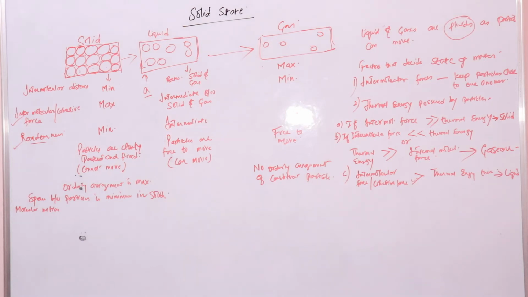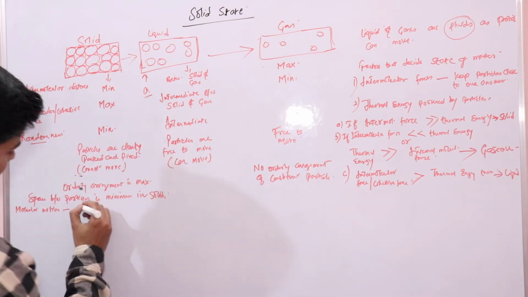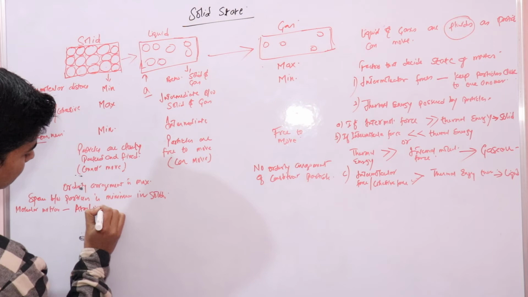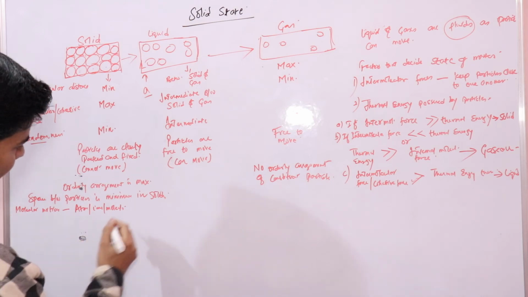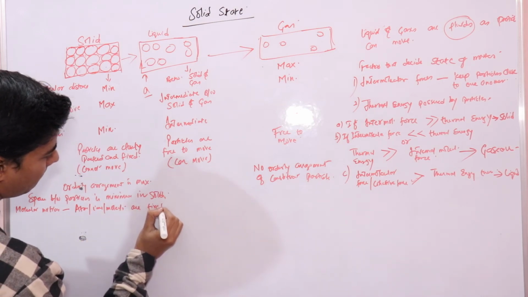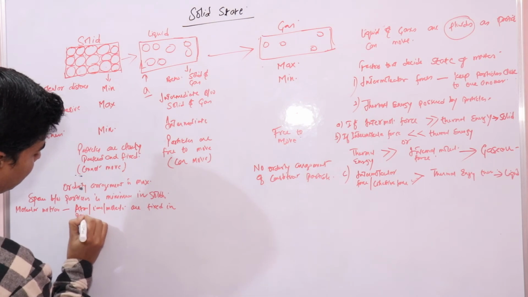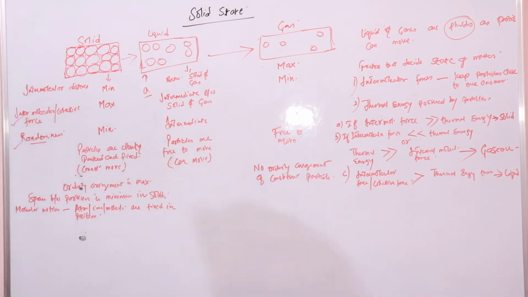Their constituent particles have fixed positions and can only oscillate about their positions. Since the constituent particles, which may be atoms, ions or molecules, are fixed in position, molecular motion is minimum.